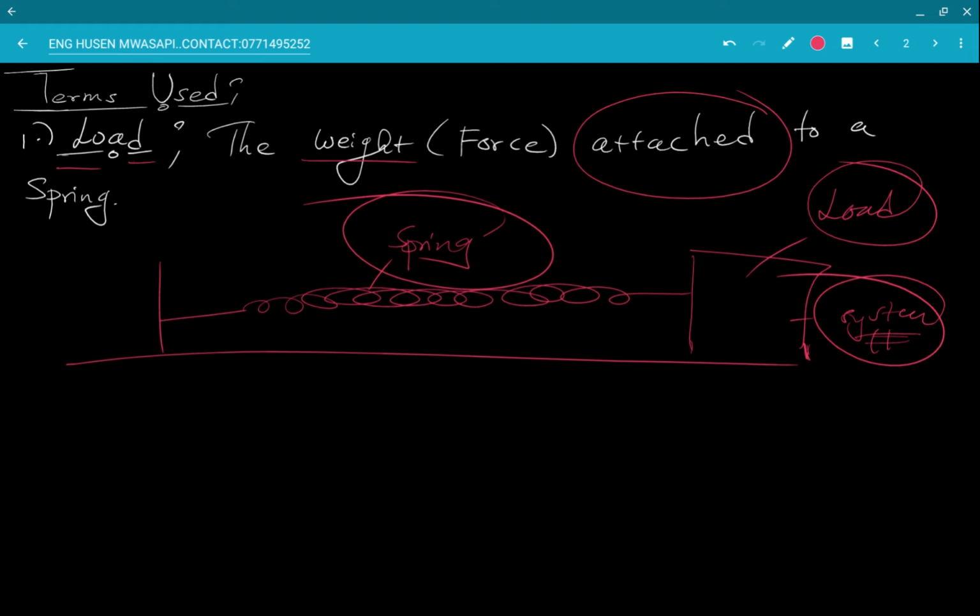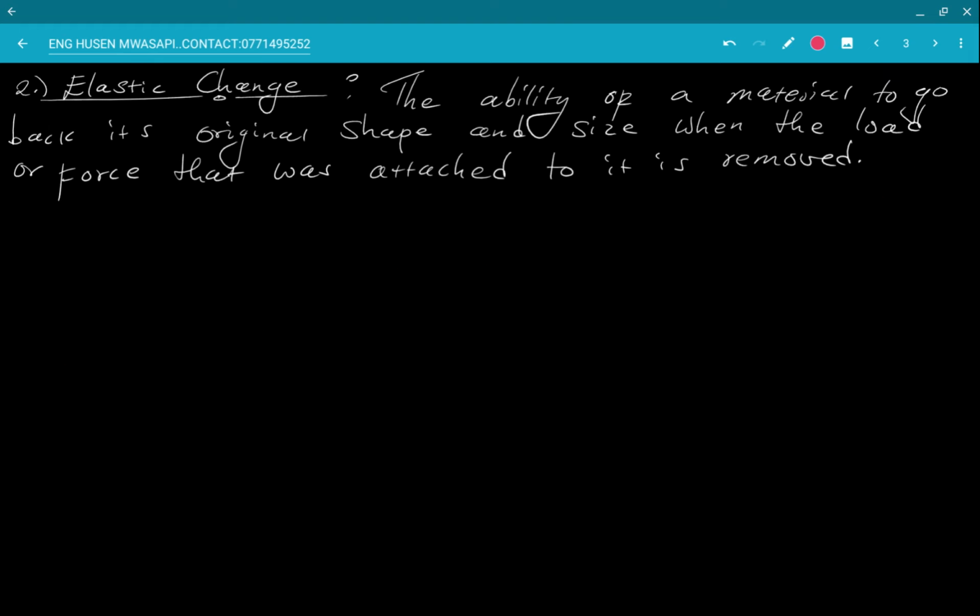Let's move on to a different term. The second term we'll look at is what we call elastic change. Elastic change is defined to be the ability of a material to go back to its original shape and size when the load or force that was attached to it is what? Removed.